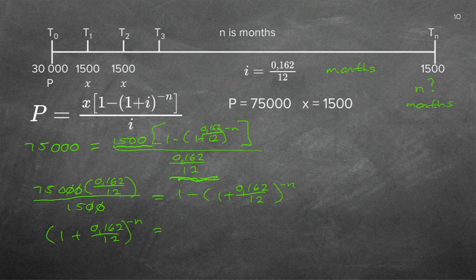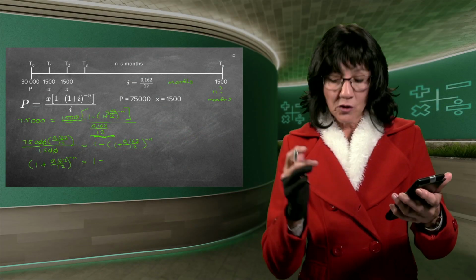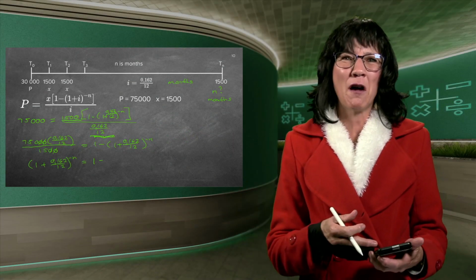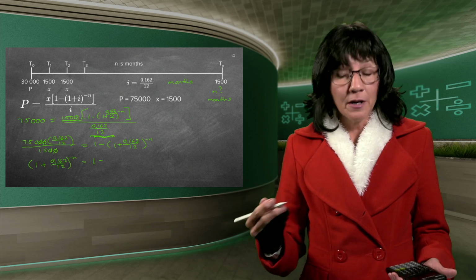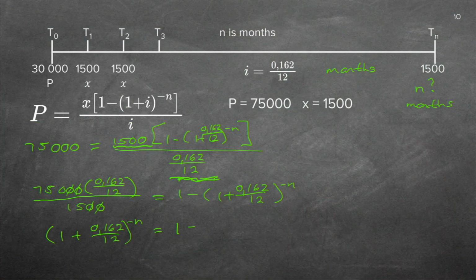And if I bring it to the left-hand side, it means the 1 is still standing where it was. Minus, and maybe I'm going to quickly do that, 750. Now, I know what the answer is, but I want you to do it with your calculator. Because if you just do it in your head, maybe you'll say 5, because you know 15 goes into 75 5 times. But it's now 750. So rather make very sure, and it just makes it easier because then I don't have a fraction.